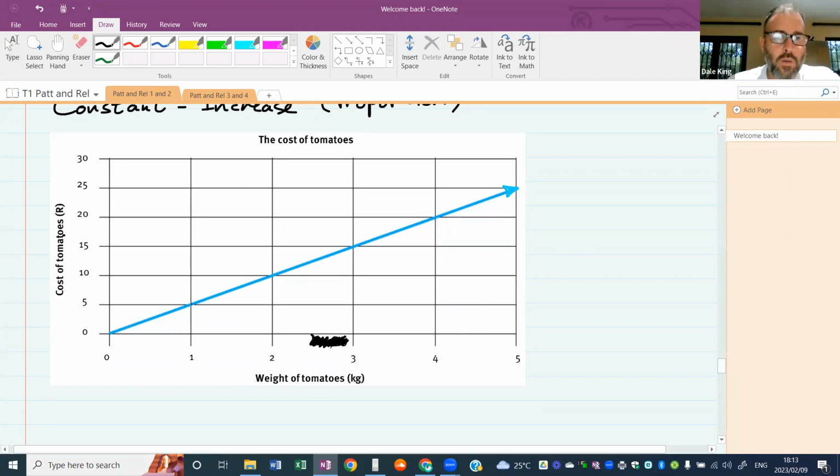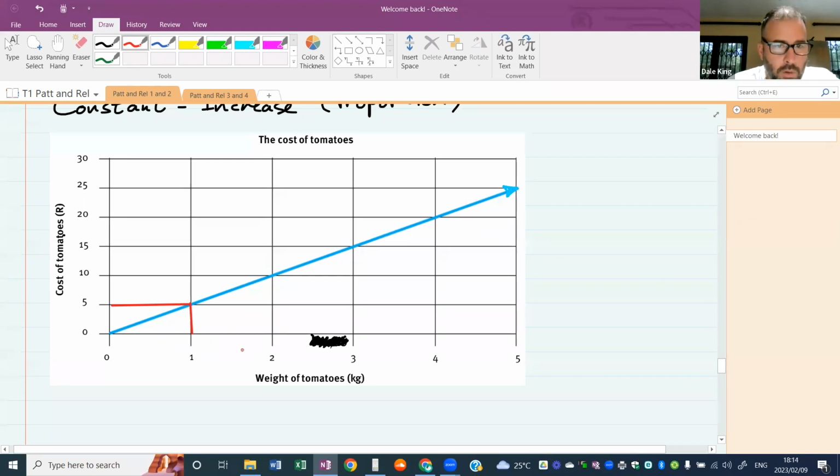So we have, for example, over here, 1 kilogram of tomatoes, and then we can work out that we have a cost for 1 kilogram of tomatoes. If I draw a line up, and then I draw a line across, we can work out exactly what the cost for 1 kilogram of tomatoes is.